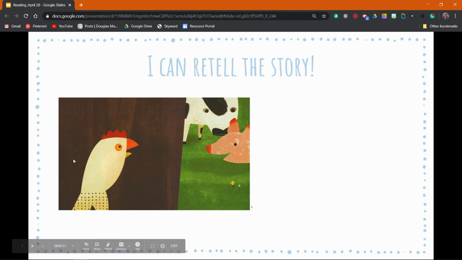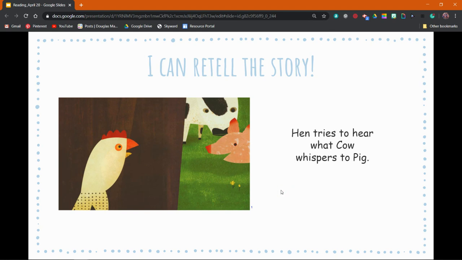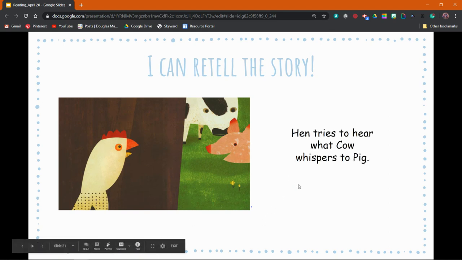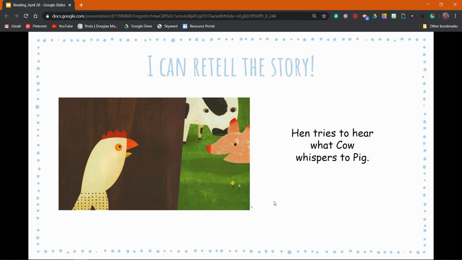This picture you see on the screen is the first picture in the packet. So this would be the first picture that I would use to retell the story. I would say, Hen tries to hear what Cow whispers to Pig.